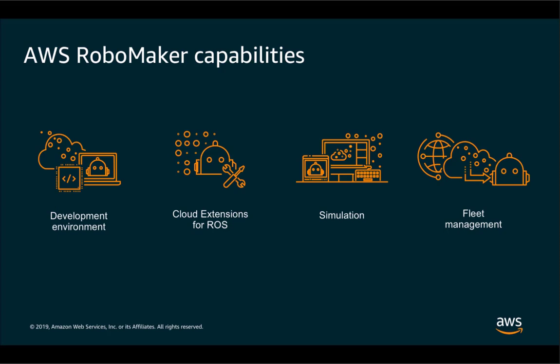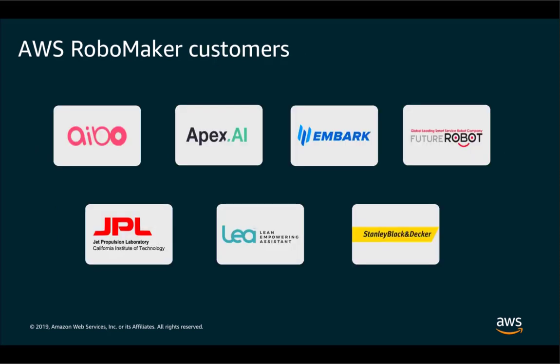When you think about the capabilities of RoboMaker, this development environment that Tristan will show you a little bit later is really succinct and complete because it allows you to take a lot of your Robot Operating System extensions for the cloud, simulate them, and then build out something called fleet management. Keeping in mind that while this has been around for an extended period of time, ROS 1.0 and 2.0, there are lots of customers that are using the platform today.